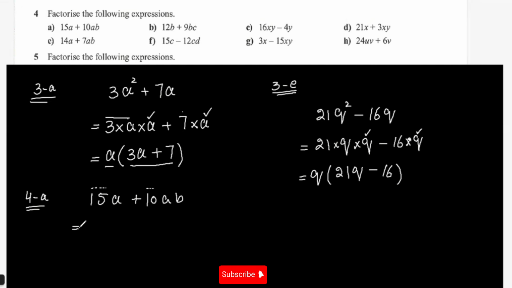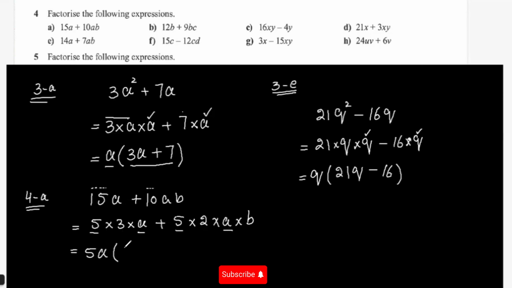So we can write our first term as 5 times 3 times a. The second term can be written as 5 times 2 times a times b. Now we can see that 5 is a common factor and a is also a common factor. So our common factor this time is 5a.